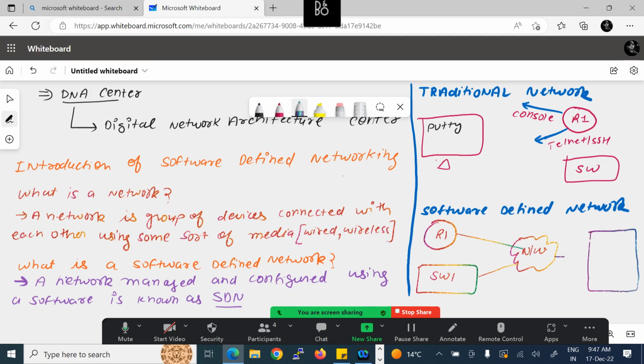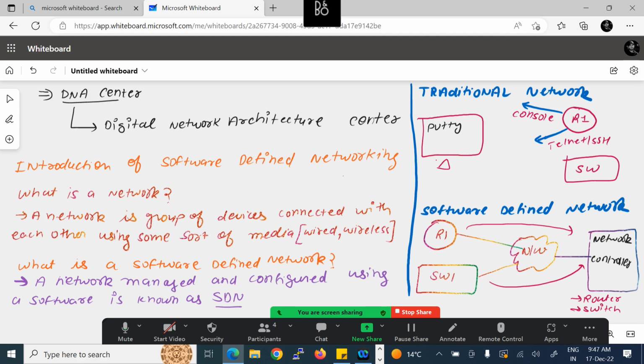We have a network controller here. Using that network controller, first of all, I will add my router and switches to this controller. After that, if you want to make any configuration on the router or switch, you will do that task using this network controller.